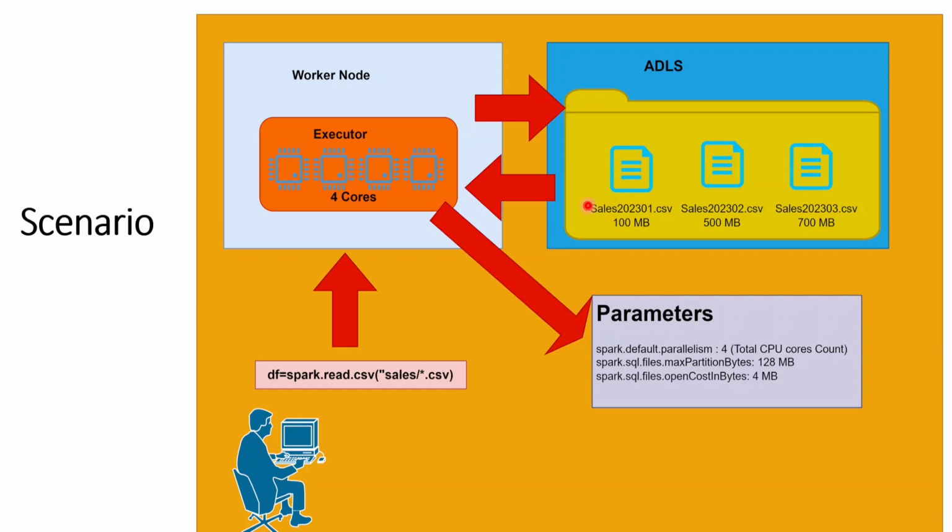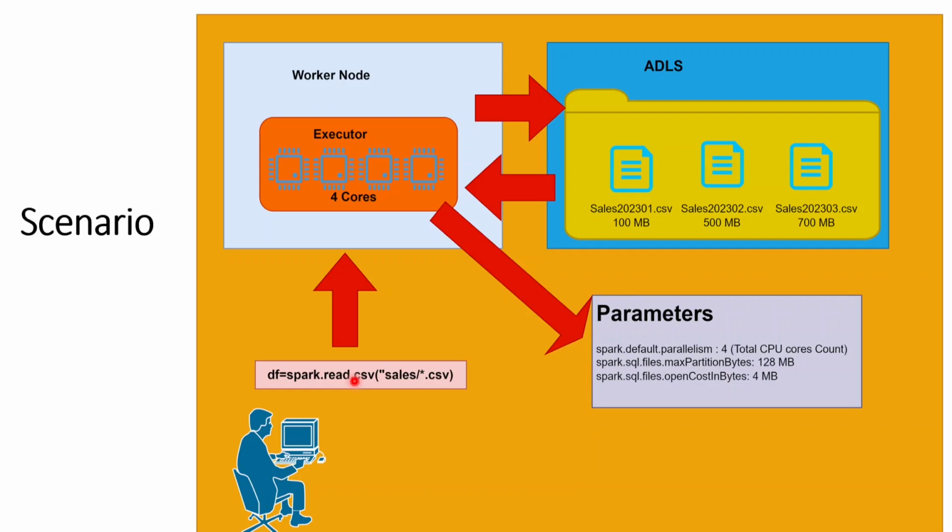Within that folder, we have three files, one for each month: 2023-01, 2023-02, and 2023-03. These are different in sizes. The first file is 100 megabytes, the second one is 500 megabytes, the third one is 700 megabytes. Now we have to create a data frame DF by reading all the files under this folder.